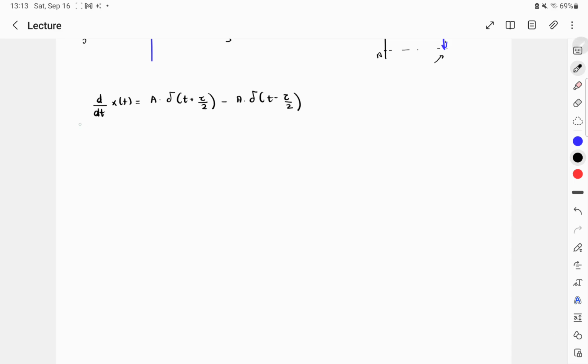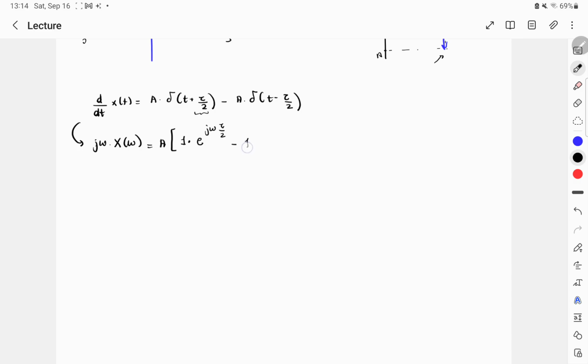As we continue, we compute the Fourier transform of both sides. What we get is j omega times X(omega) equals a times, taking the coefficient outside into parentheses, the Fourier transform of the delta function, which is 1, times, since we have shifted it by this amount, e to the j omega tau over 2.